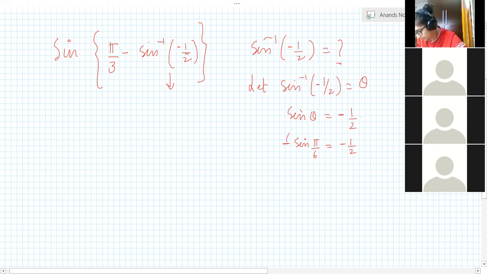Then you want to bring this as a part of this fellow. You can now say sine of minus pi by 6 is equal to minus half. For cos, this will not work, but if you want to express minus sine theta, you can simply say sine of minus theta. That means sine inverse of minus half for you is nothing but minus pi by 6.